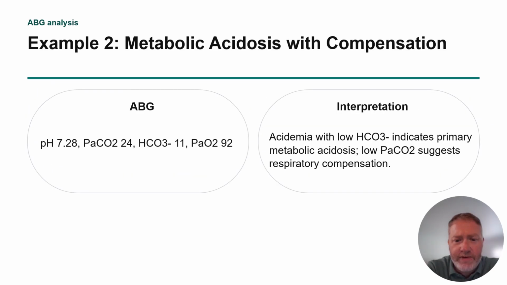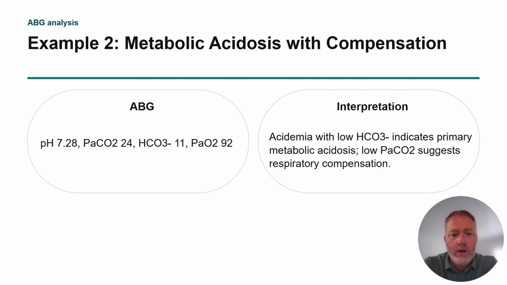Here's a fairly common example as well of a partially compensated metabolic acidosis. So we've got a low pH, 7.28, a low bicarb, 11, and then a low PaCO2, 24.